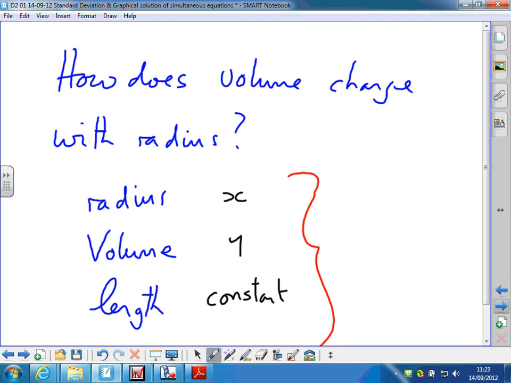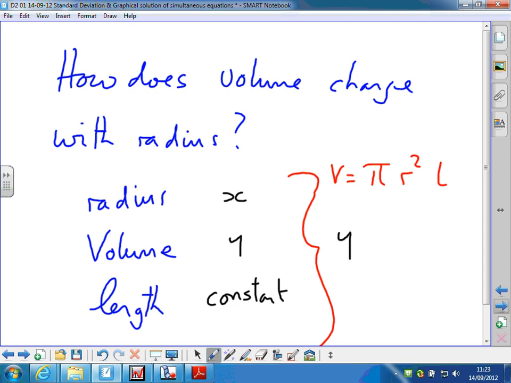So, in Autograph, I would type this in. Remember, the original formula is volume equals pi r squared L. So, if I wanted to plot this on Autograph, then I would call the volume the dependent variable, so that will be y.